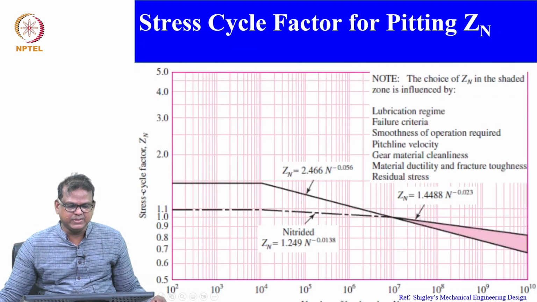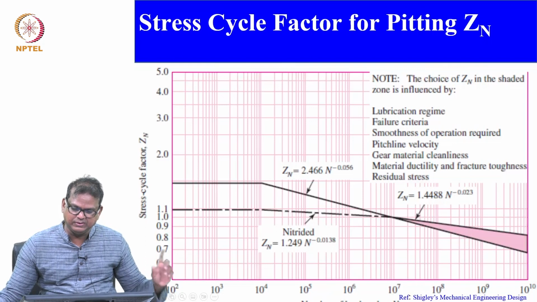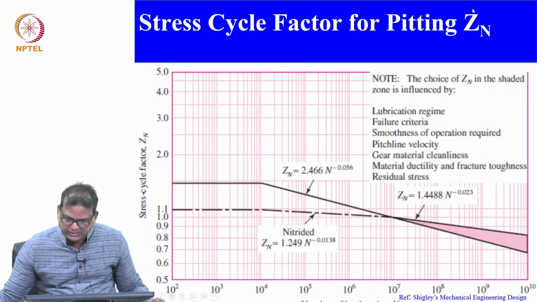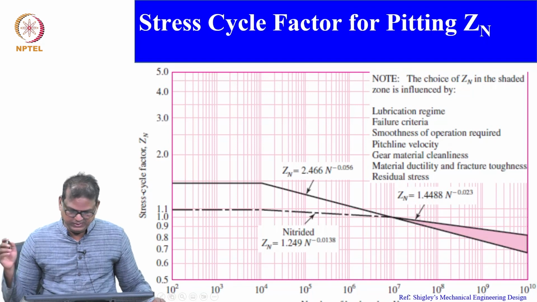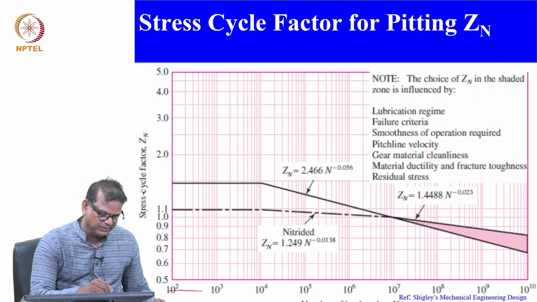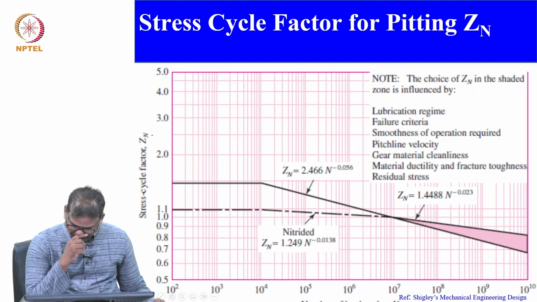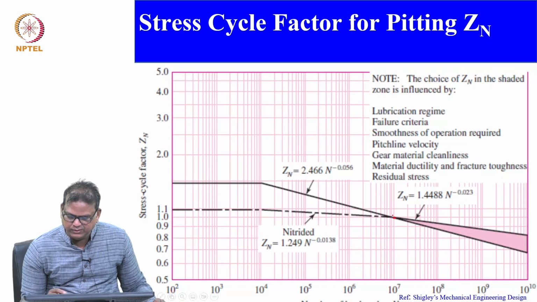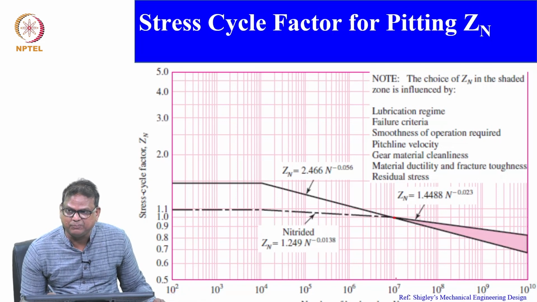Okay. Now the stress cycle factor, as we did discuss for bending, this is Z_N for the pitting aspect. Similarly, you can see the x-axis is the number of cycles and the y-axis is the correction factor. So as usual, we want to choose 10 power 7 with a reliability of 0.99.